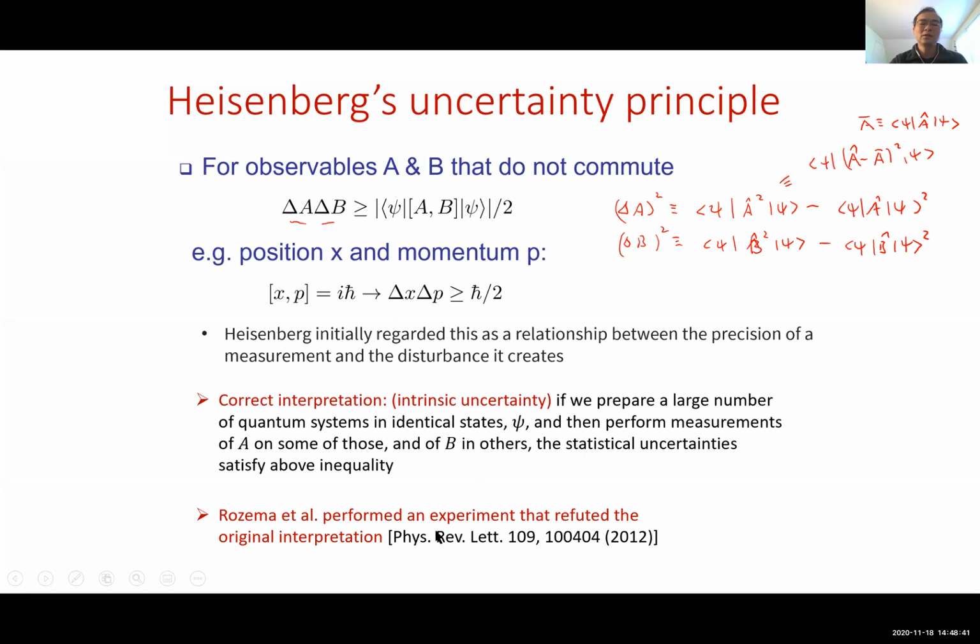And they came to the conclusion that, if you interpret it in terms of measurement uncertainty and disturbance, then this could be violated. This experiment was described in this paper. I'm not going into the detail, but just to mention that this has been tested. So the original interpretation of Heisenberg was not that correct. The correct one is stated here.